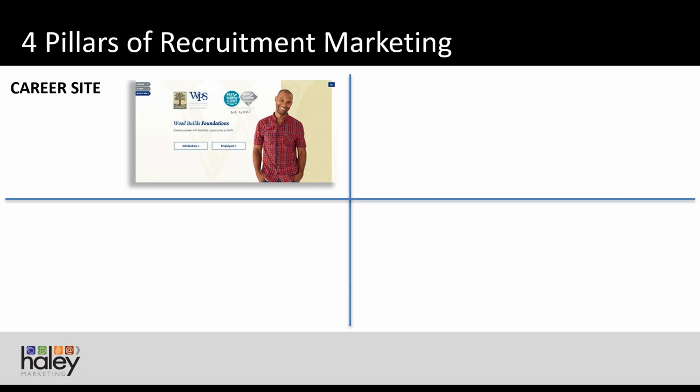I was literally talking with a client this morning, and we were trading emails, and we were looking at the career site on their page, and the number of people who are visiting and seeing jobs, the number of people who are clicking the apply online button, and the number of people who are completing the application.